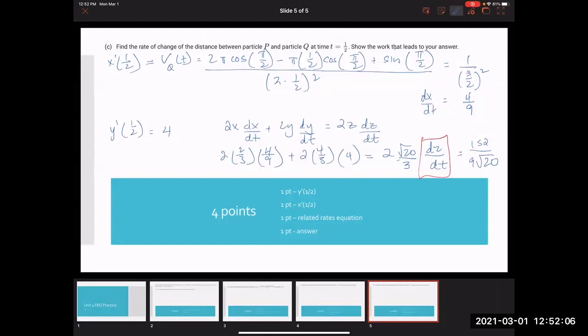Now, you really need to say something about what this means in the context of the problem. Just writing 152 over 9√20 doesn't really tell you much about the distance between the particles. So what you really should be saying, and I'm going to write it at the very bottom, is that the rate of change of the distance between the particles, you need to say whether it is increasing or decreasing, and that all has to do with the sign.